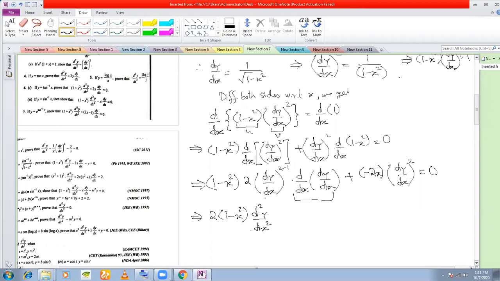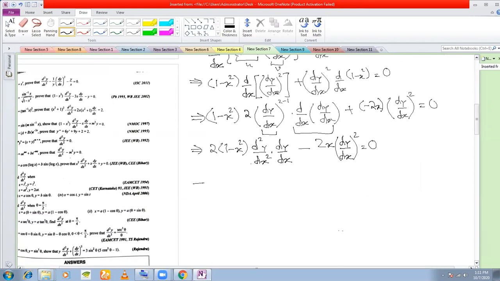And here I have a dy/dx into dy/dx, right? Minus 2x (dy/dx) whole square is equal to 0. Now from these two, what I can do is I can take 2 dy/dx common.